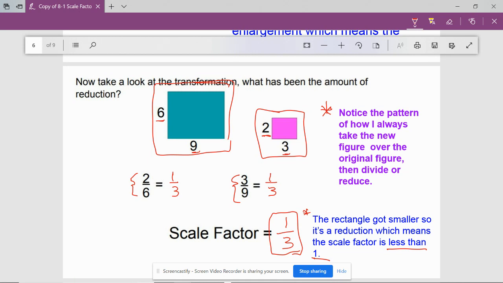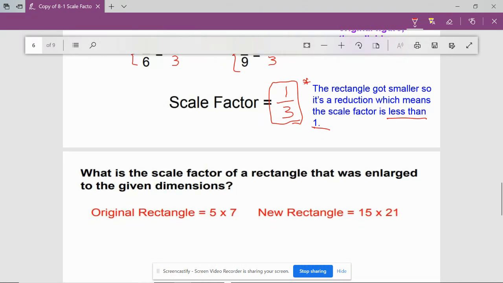So if you come up with a fraction when you go from a larger shape to a smaller shape, that is perfectly okay, because it's going to be a number smaller than 1. Going from smaller to bigger, you're going to have a scale factor of 1 or larger. Going from bigger to smaller, we're going to have a scale factor of less than 1. So always keep that in mind.